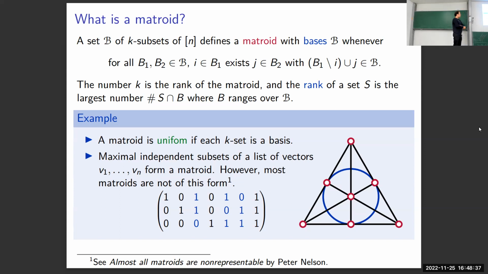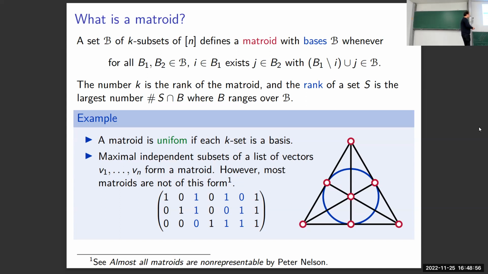But then, as I told you, things are coming from linear algebra. So you can also start with a finite number of vectors in a space, for example the columns of this matrix, and then consider which of the columns are independent, and that gives you the bases of a matroid.